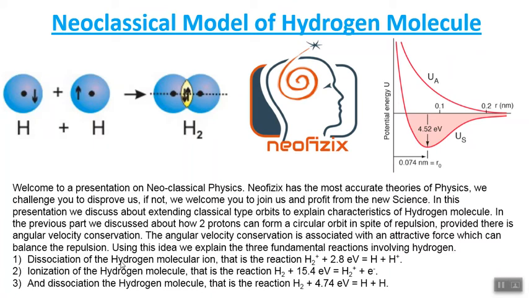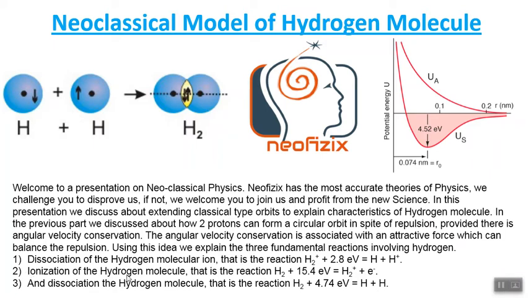1. Dissociation of the hydrogen molecular ion, that is the reaction H2+, the hydrogen molecular ion, plus 2.8 electron volts gives rise to H, the hydrogen atom, plus a proton, H+, or the hydrogen nucleus. This is the first reaction.